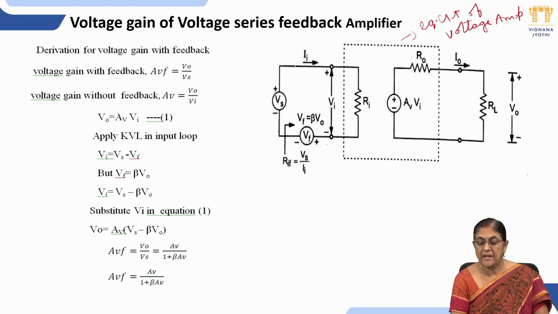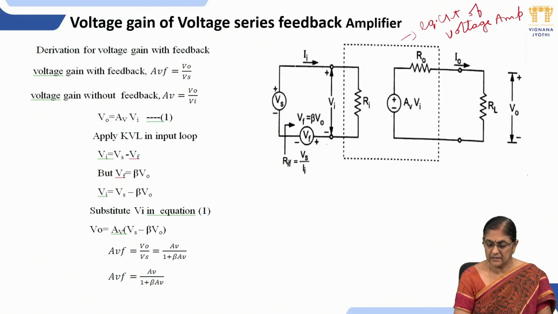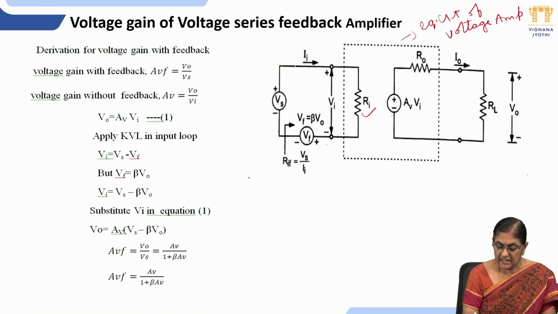So voltage amplifier can be represented with Thevenin equivalent circuit at the output terminals, and input terminals of the voltage amplifier can be represented with Ri. What is Ri? Ri is input resistance without feedback.